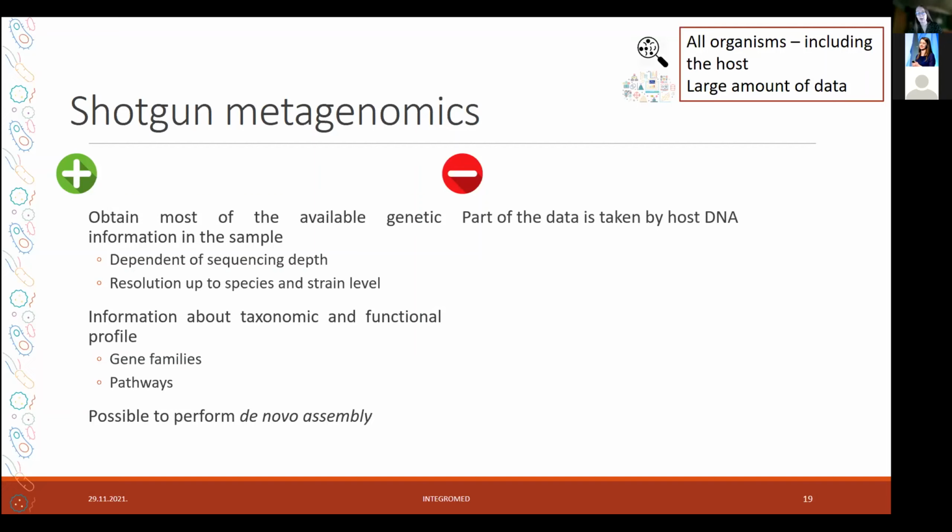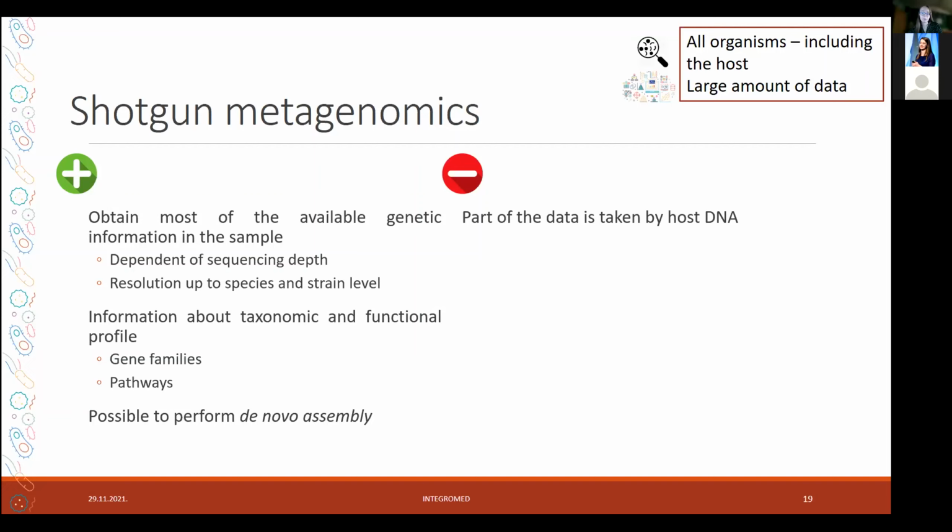In some samples it's okay. For example, in fecal microbiome, it's okay. The host DNA is not in such a great amount that it would significantly impact the obtained results about microbiome. And of course, we use bioinformatic tools to filter them out.